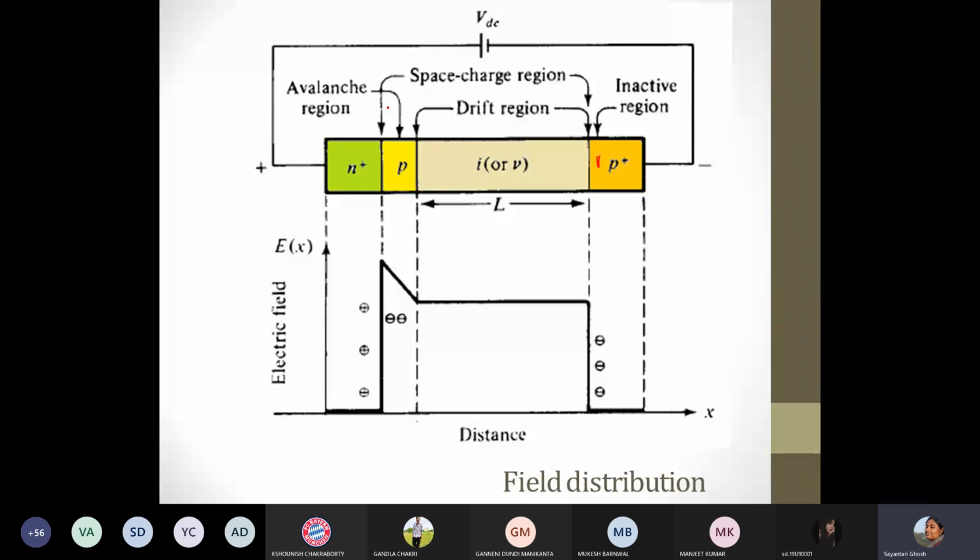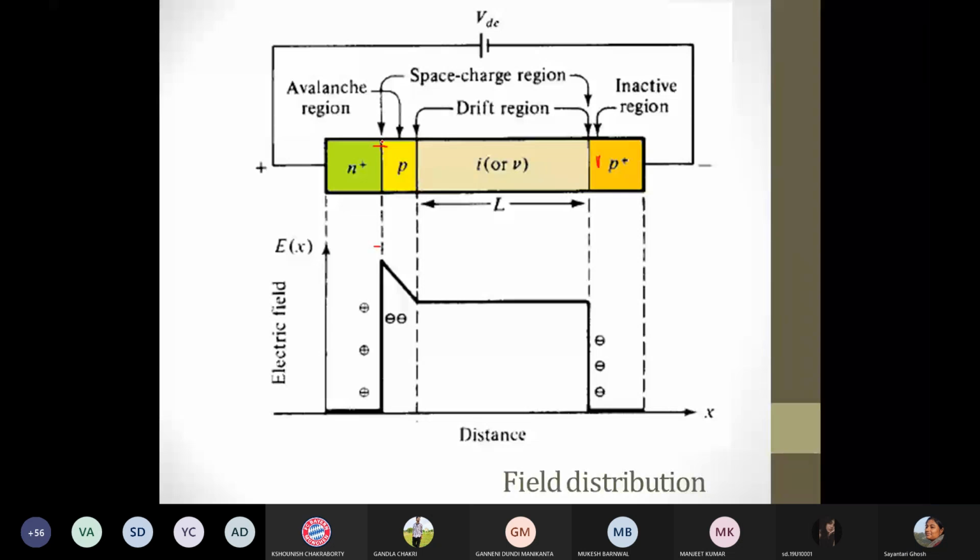So we marked different regions of this diode. These are important, so I will just remind you the names once again. The avalanche region is the region close to this junction, the N plus P junction, where the electric field is maximum, because on this side you have a huge amount of charges sitting in a very small area, and the electric field is highest at the junction.